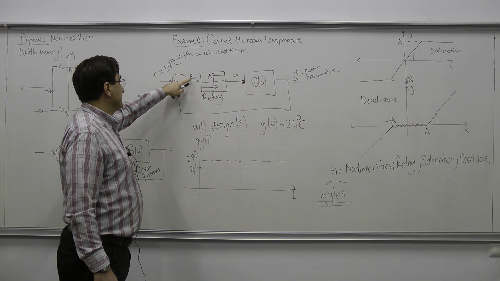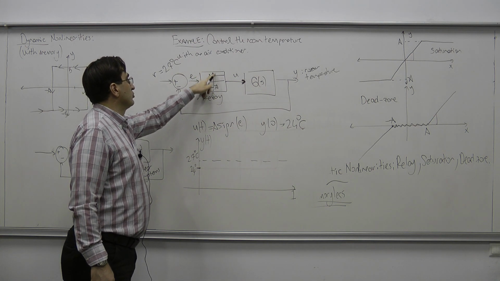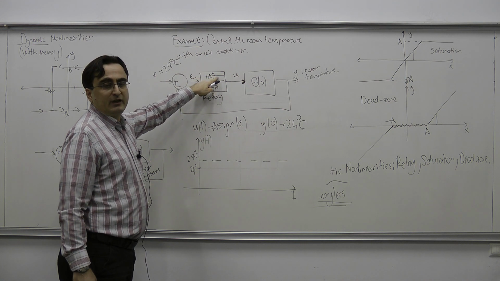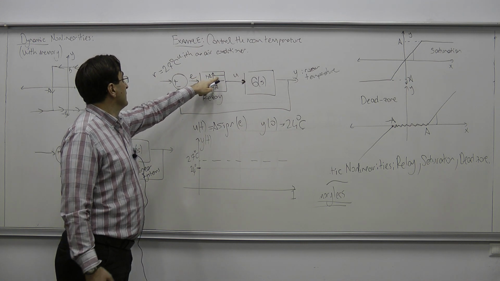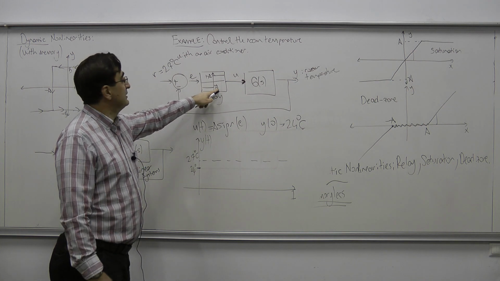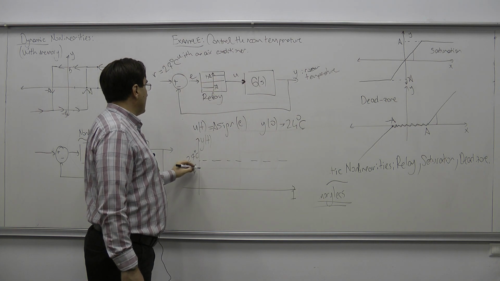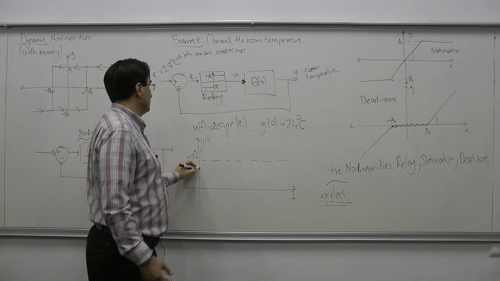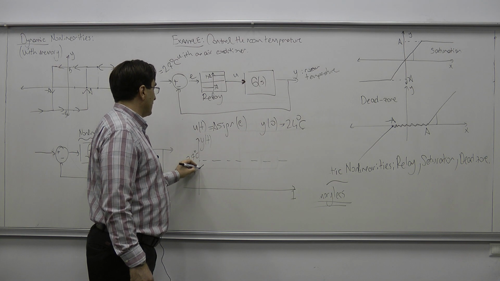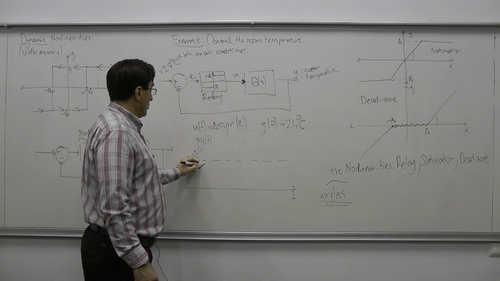Since the error signal is positive, the air conditioner is going to apply heating. So plus A here represents heating with some intensity, and minus A represents cooling with some intensity. In this case, I would apply heating onto the room. So the temperature is going to start increasing, and the error is going to get smaller and smaller.